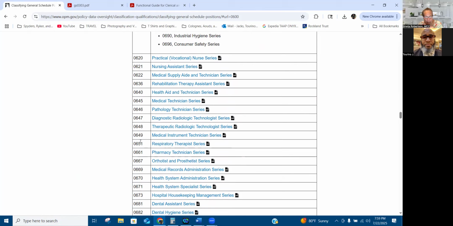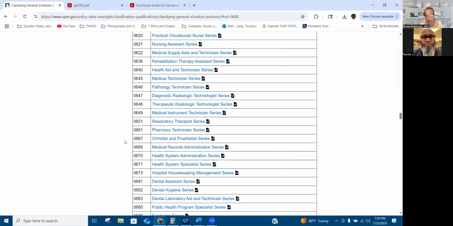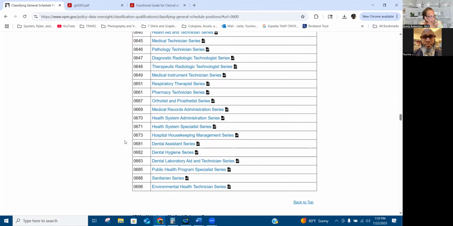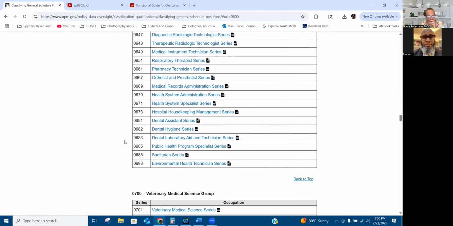You always want to make sure that it says assistant or clerical or technical, assistance or technical. And so you have to decide based on the primary purpose of the position where it fits the best.